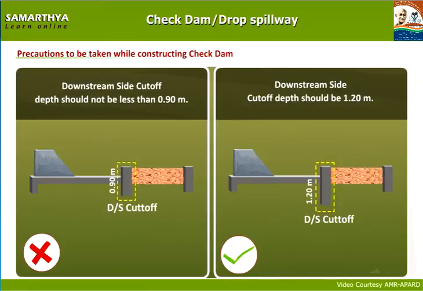Downstream cutoff depth should not be less than 0.90 meters. It is to prevent water leakage at the foundation of solid apron. Downstream side cutoff depth should be 1.20 meters.